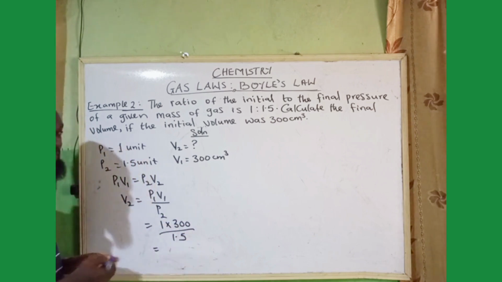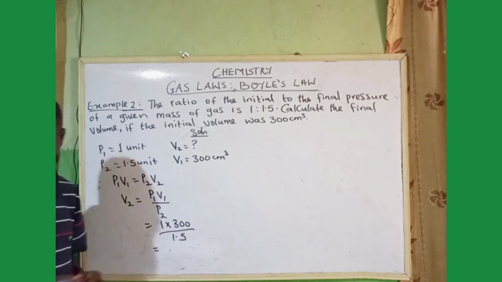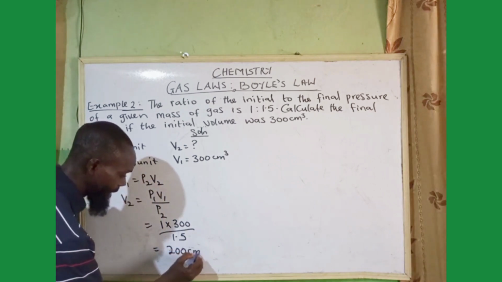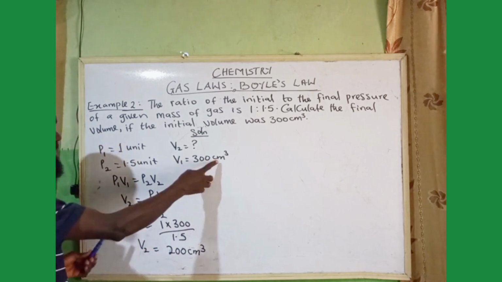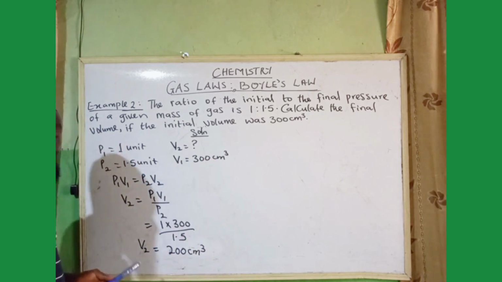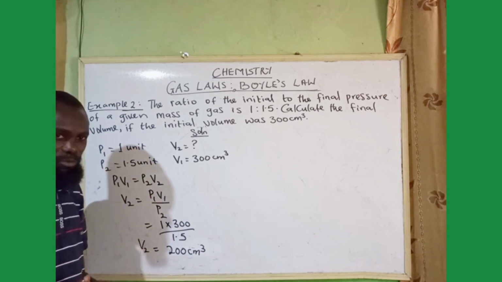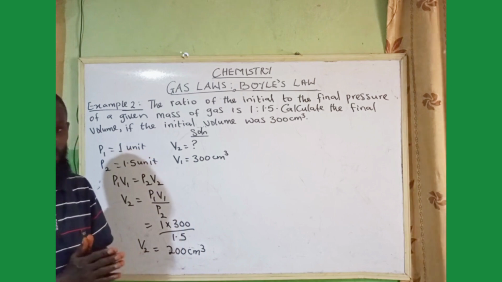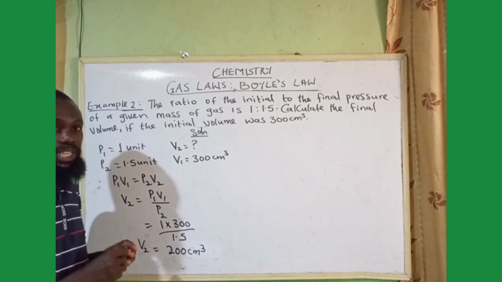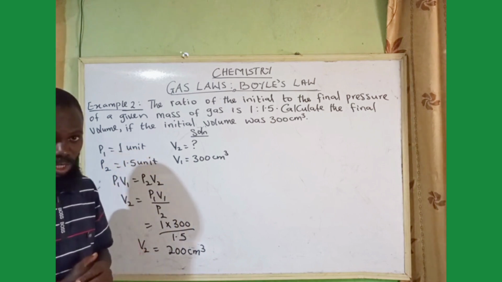So when you multiply and divide, we have the value 200 centimeter cube. Because our V1 is in centimeter cube, definitely our V2 will also be found in centimeter cube. This is how to apply the formula for calculating Boyle's law.